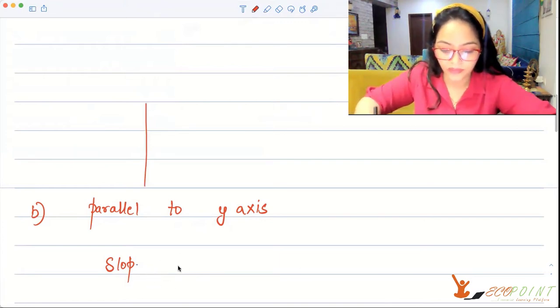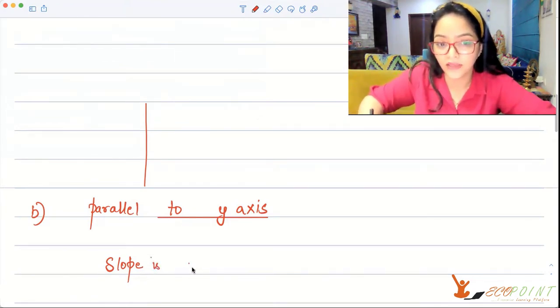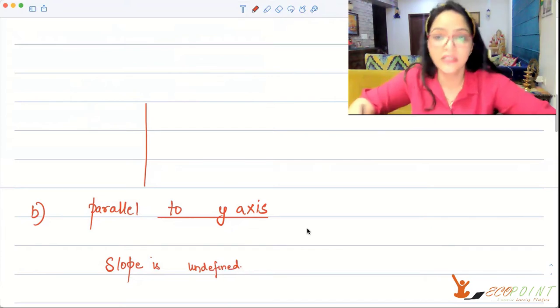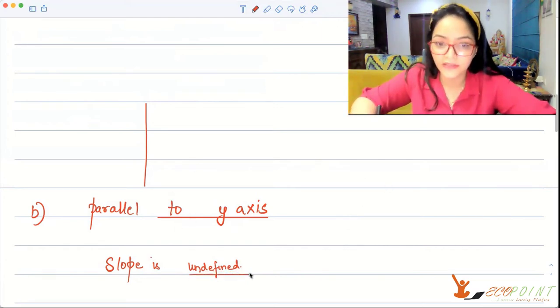So if it is parallel to the y-axis, the slope is undefined. In terms of theta, it is 90 degrees and the slope is undefined. The slope is undefined for a vertical line, right?